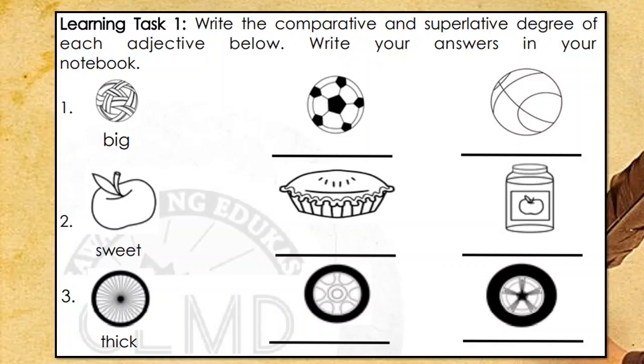Now, let's have this learning task 1. Write the comparative and superlative degree of each adjective below. Write your answer in your notebook. Number 1. Big. It will become correct. Bigger. The next one is biggest.